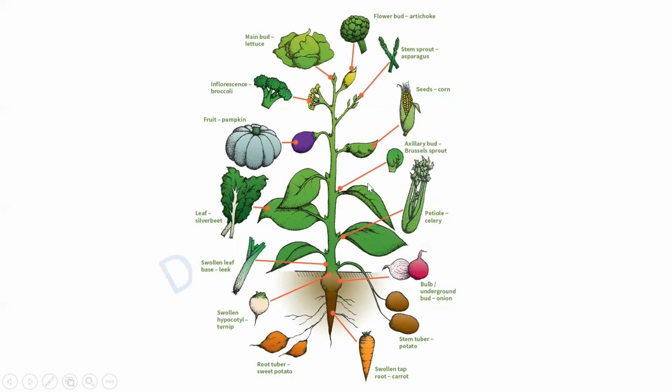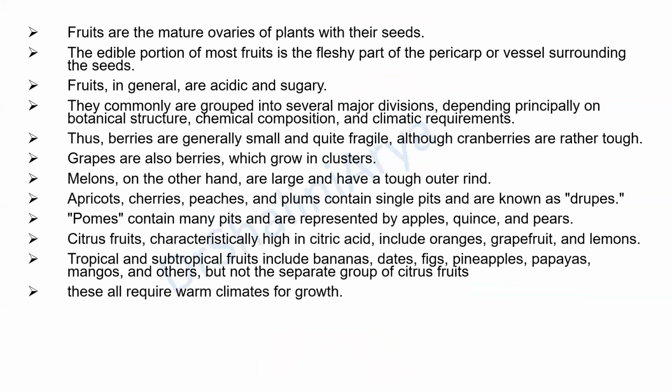Axillary bud is Brussels sprouts. Petiole, like celery. Bulb is an underground bud, onion. Stem tuber is potato. Tap root that is consumed, or taproot, is carrot. Root tuber is sweet potato, and so many other examples.